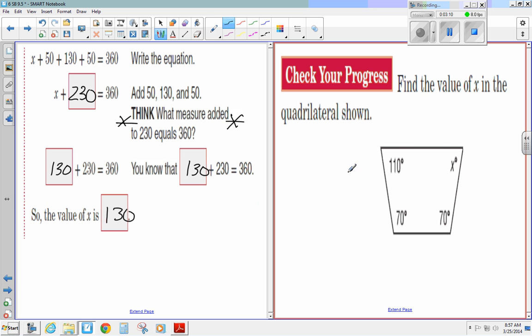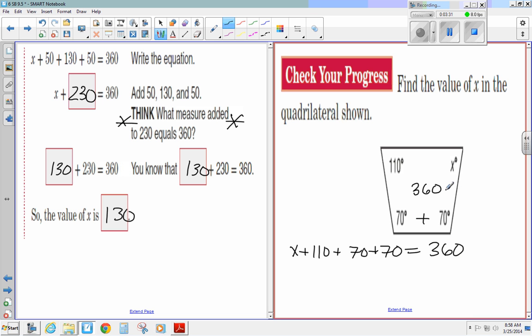So here you go. This is another example of it. Altogether, this should equal 360 degrees. So start by writing the equation: x plus 110 plus 70 plus 70 equals 360.